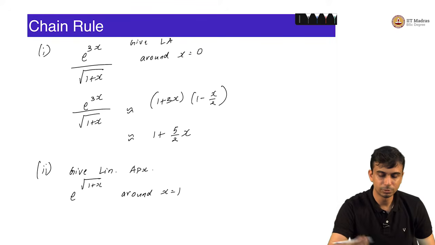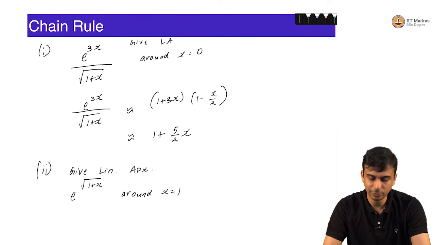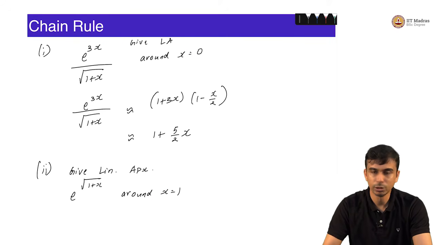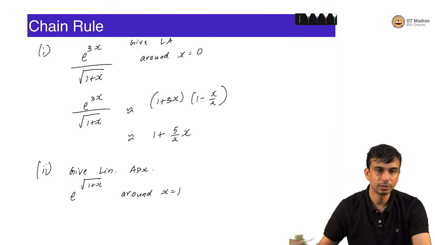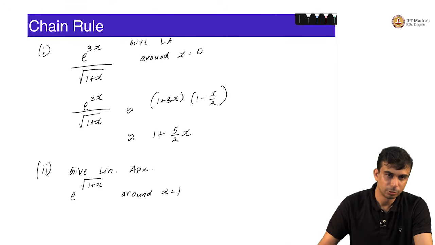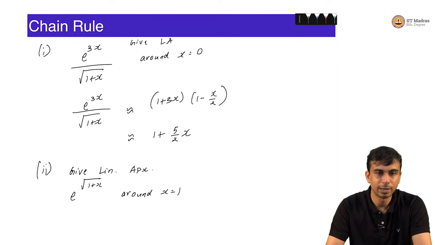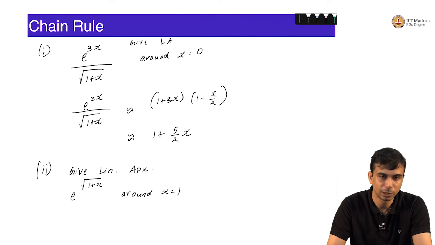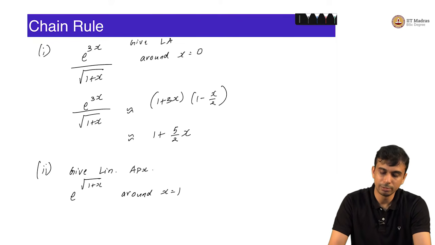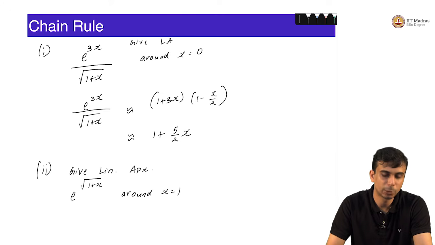Just to give a variety here, we have always been doing x equal to 0, you could also do it around x equal to 1. You could once again just compute f of 1 and f dash of 1 and be done with it. You could do that just as well, and you could also just find the linear approximation of each of these terms around x equal to 1 and be done with it.